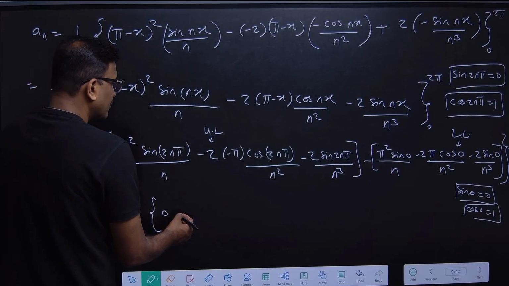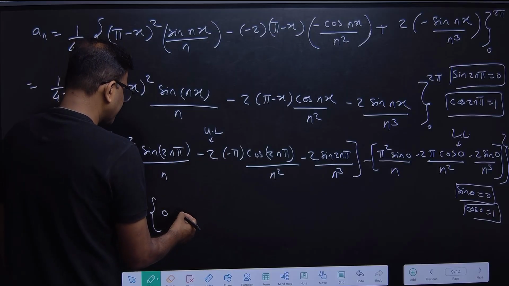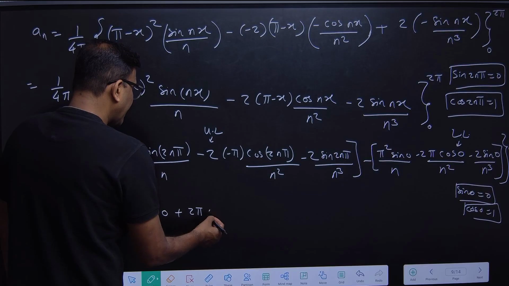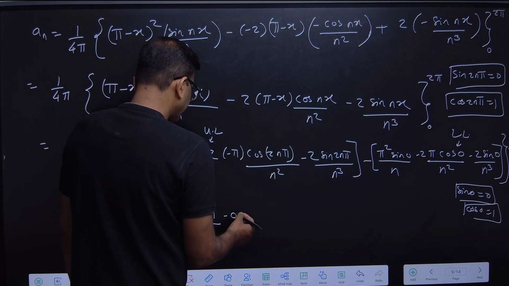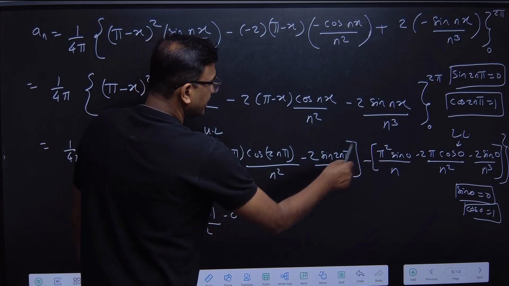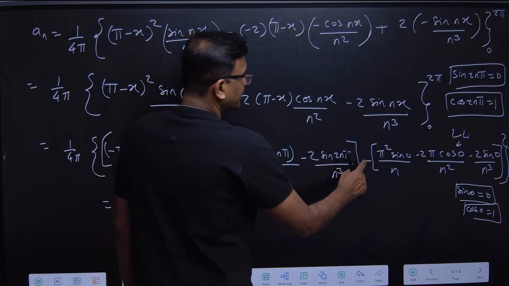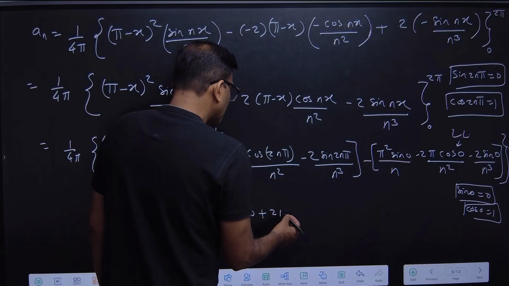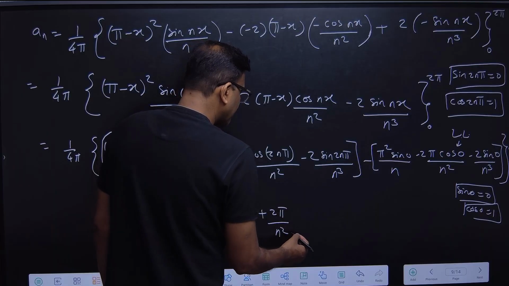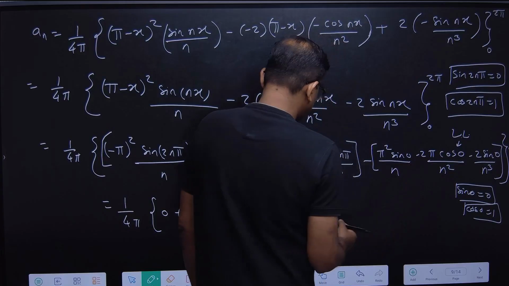First term here will be 0. Minus into minus is plus. It is 2 pi, and cos 2n pi is 1, upon n square as it is, minus 0. If I open the bracket, minus into this 0 will be 0. Minus into minus will be plus 2 pi upon n square. Cos 0 is 1. Minus into minus is plus.